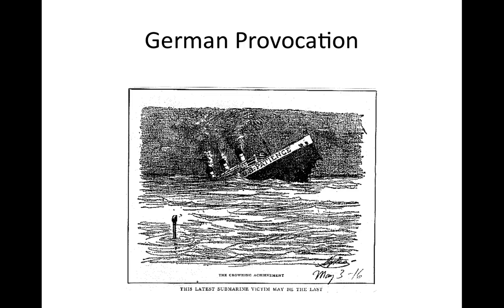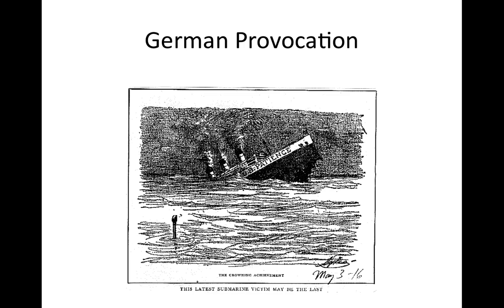Germany, in its effort to prevent the United States from trading with Great Britain, over the years ramped up its effort to attack or contain ships in the Atlantic that were approaching Great Britain.